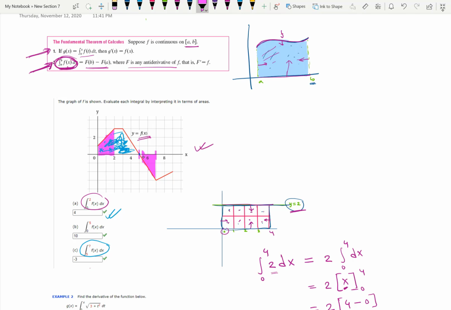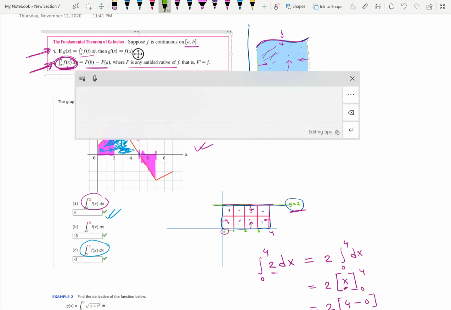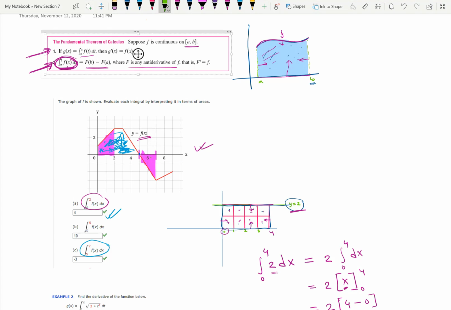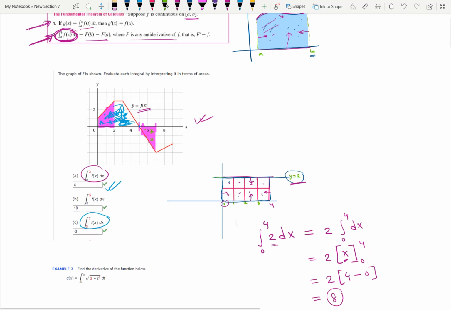Here we have 1, 2 and this one is around 1, so total 3. Since it is below the x-axis, it would be negative 3, not positive 3. So if it is above the x-axis, the area is positive. If below the x-axis, the area is negative.